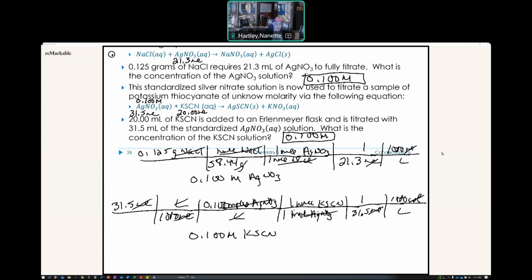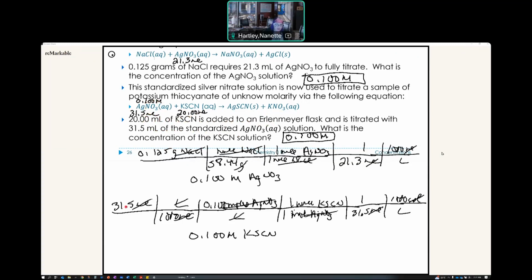I don't really know this reaction, but okay. 0.1 molar AgNO3, 31.5 milliliter sample. 20 milliliters of KSCN is added to an Erlenmeyer flask and is titrated with 31.5 milliliters of the standardized AgNO3. We want the concentration of the KSCN. That looks familiar, so I can work with that.